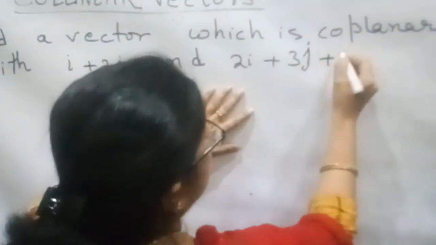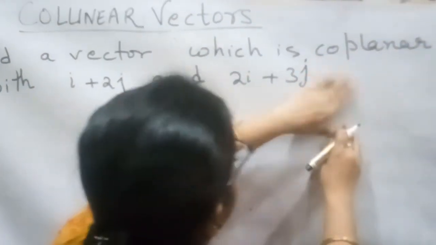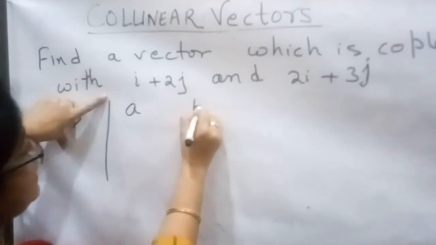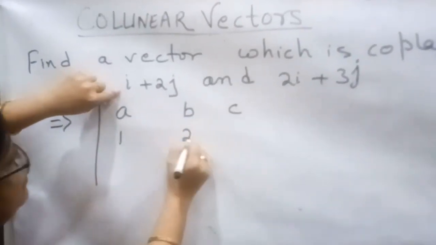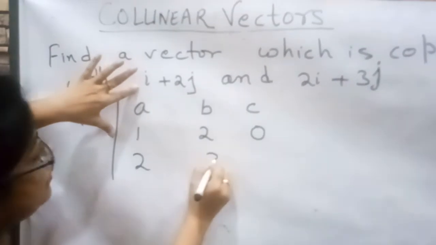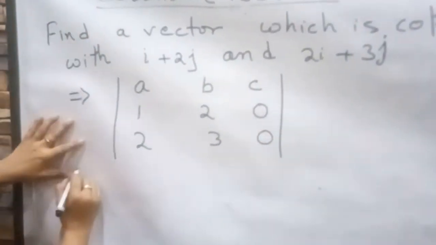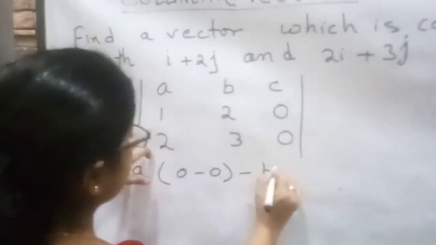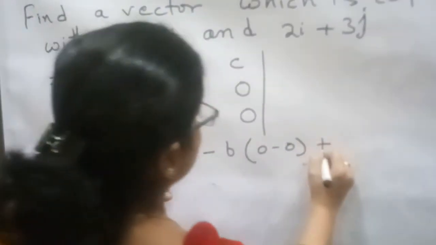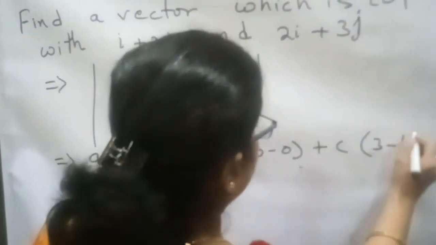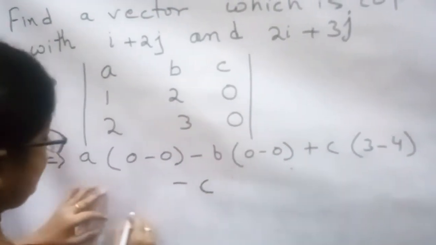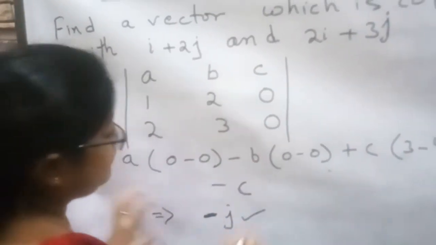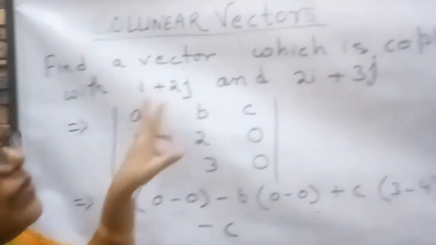In the same way, we take A, B and C. 1, 2, and no k; then 2, 3, and no k. You solve it. A times 0 minus 0, minus B times 0 minus 0, plus C times 3 minus 4. That means minus C only. That means we have the vector minus j, which is coplanar to these two vectors.